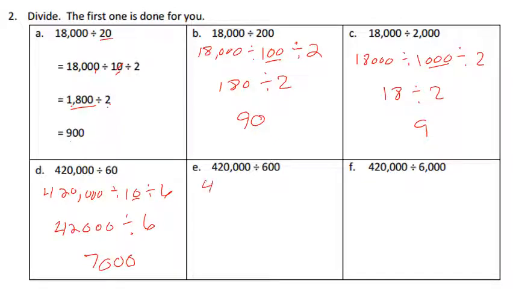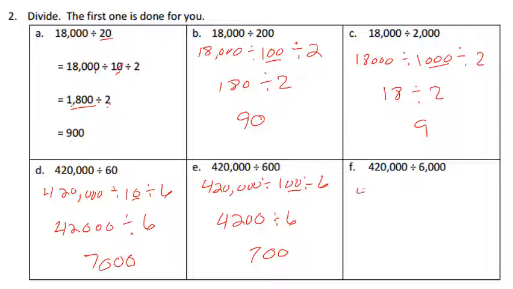Our next one, 420,000 divided by 100 divided by 6. We're going to lose 2 place values, so we're going to end up with 4,200 divided by 6. 42 divided by 6 is 7 with our 2 zeros, so 4,200 divided by 6 would be 700.